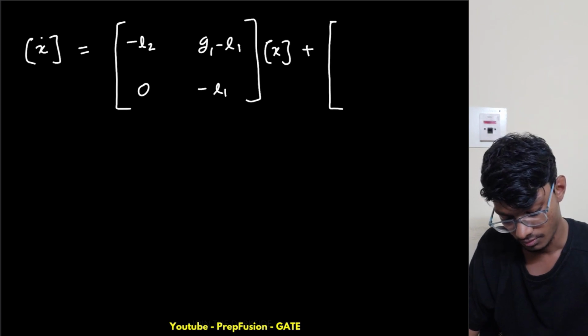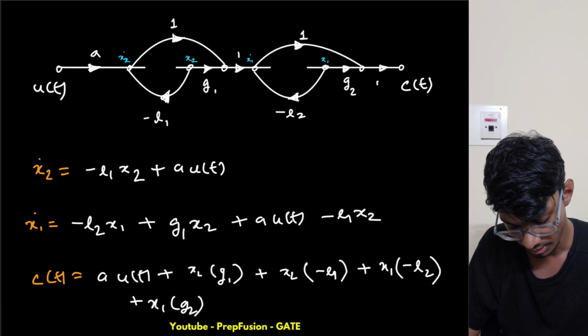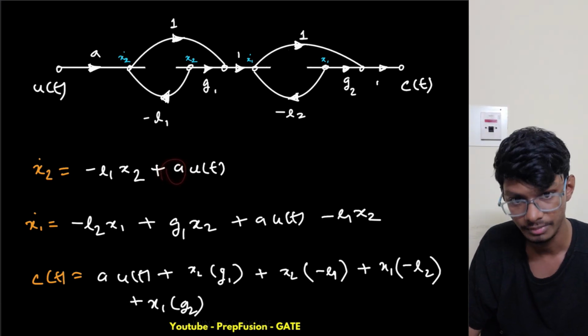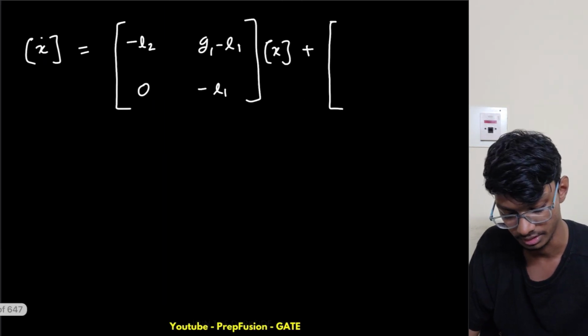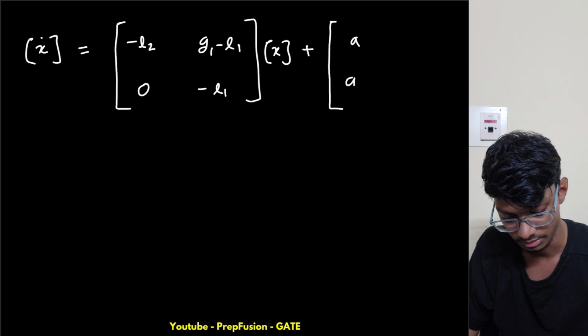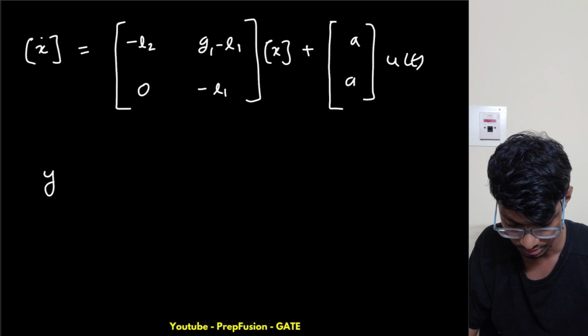So now what will be my input relation, B matrix? So this one is A also, this one is also A, so this one will be A comma A times c of t. And what is my Y?